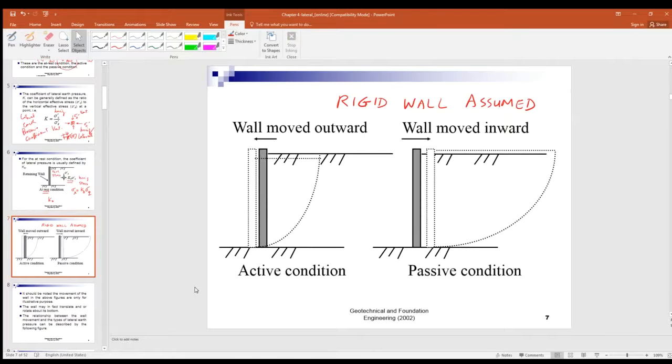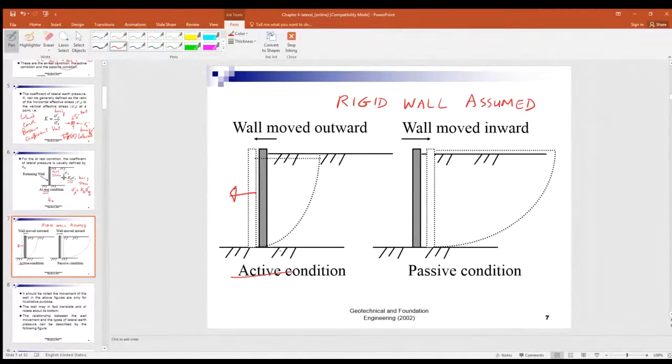There is an important assumption behind this earth pressure theory: the rigid wall assumption. We assume the wall is very rigid, so it remains a single solid body which you cannot bend. So the wall remains rigid during the movement. You can see the whole wall is going out. That is active pressure.